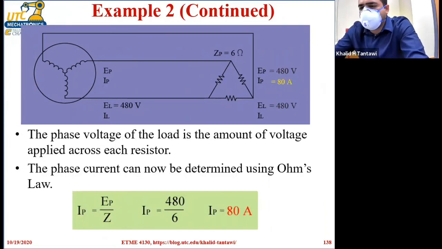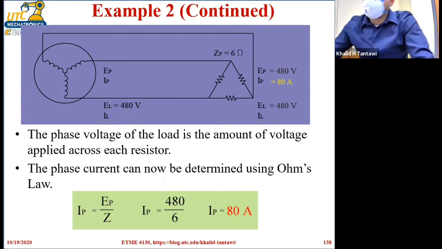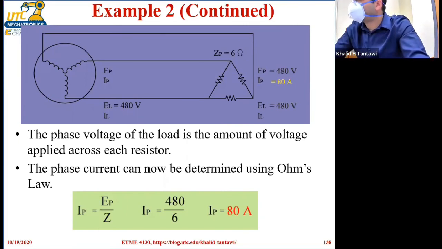All right. And then, what is the next easiest quantity to find? The phase current on the Y connection.